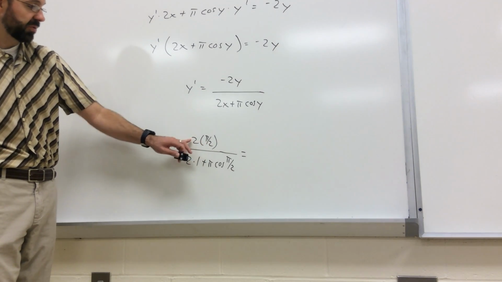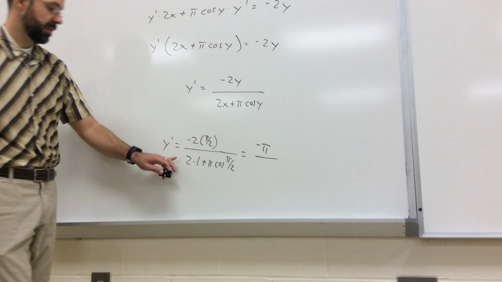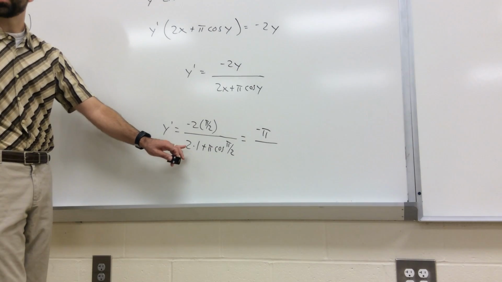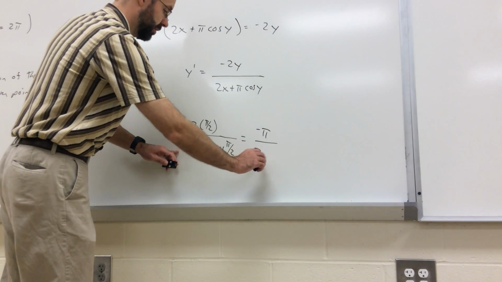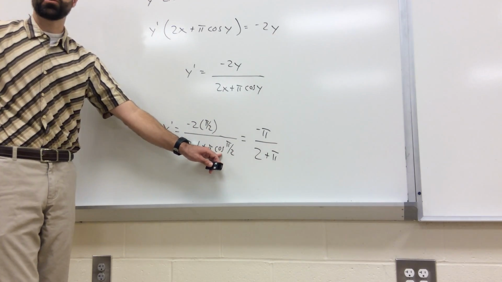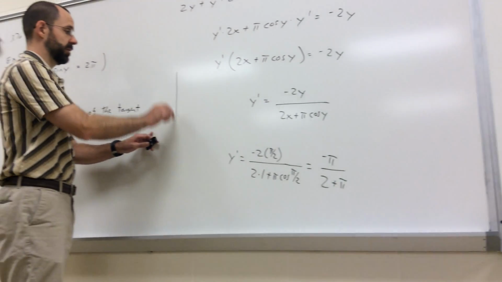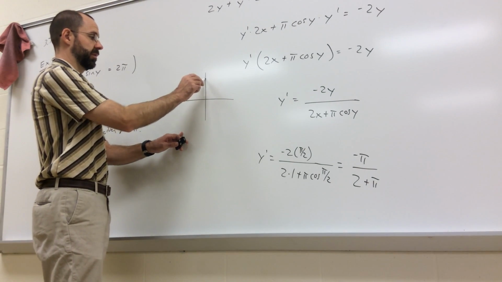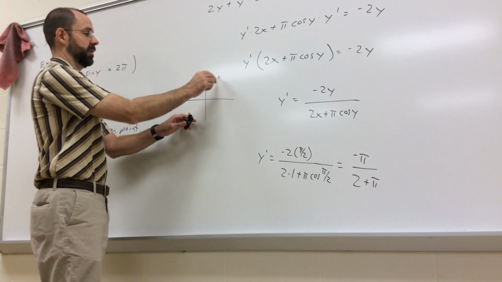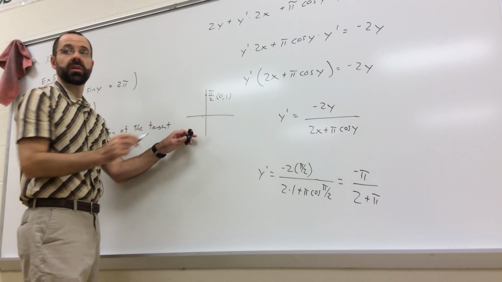On top there, the 2's will cancel, so that's -pi. On the bottom, 2 times 1 is 2. And then for the cosine of pi over 2, we can look at the unit circle. So here's the unit circle. Here's pi over 2. That's (0, 1). To get there, you go 0 and then 1 up.